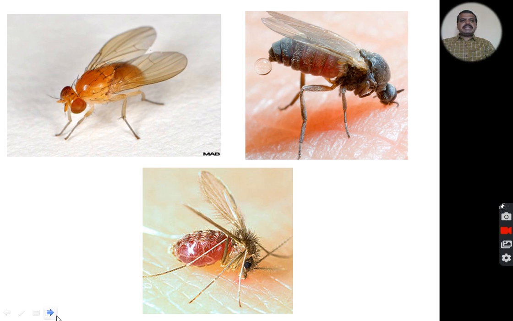These true dipterans play a very important role in the transmission of the disease causing agent, the pathogen or the parasites, from one person to another. They have a smaller body and are active flyers, so they usually transmit the pathogens from one person to another, and in this way they act as vectors.